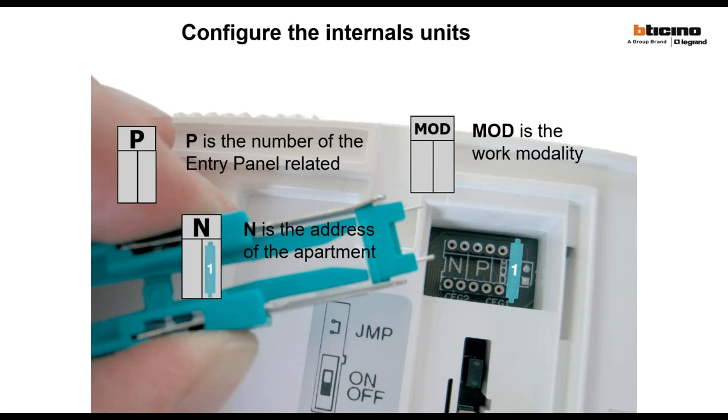Usually we start from the first one, the number 1, and we go up 1, 2, 3, 4. Most of the time, the number of the internal unit matches the number of the apartment. So if you have 12 apartments, you will have the numbers from 1 to 12. If you have 21, you see the 2 in the digits, and 1 in the units.